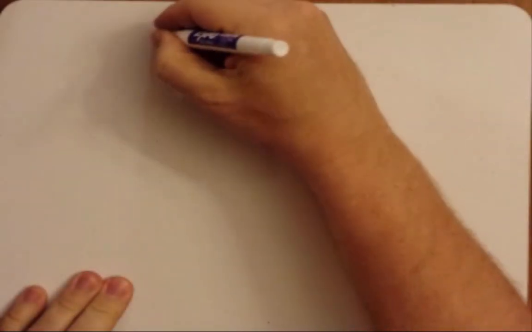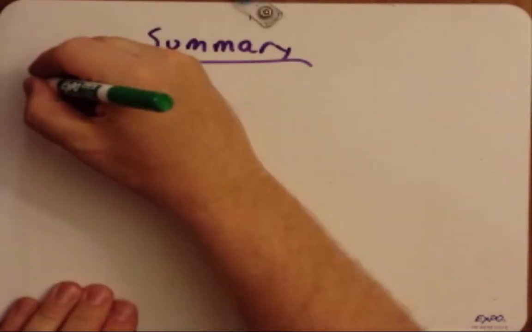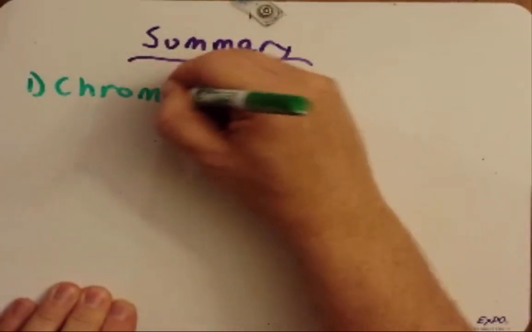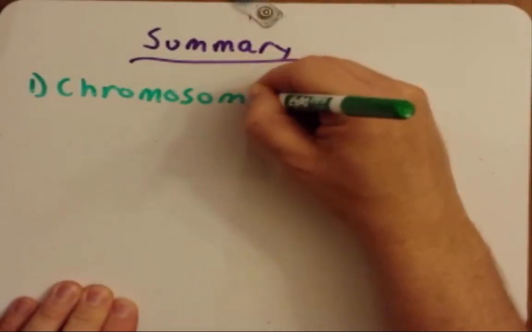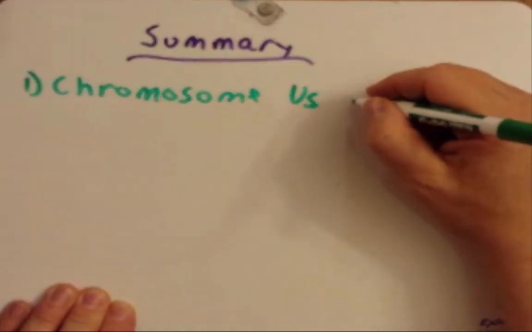Okay, so that ends this podcast. Let's close with a quick summary. In this podcast, we talked about the differences between a chromosome and chromatin.